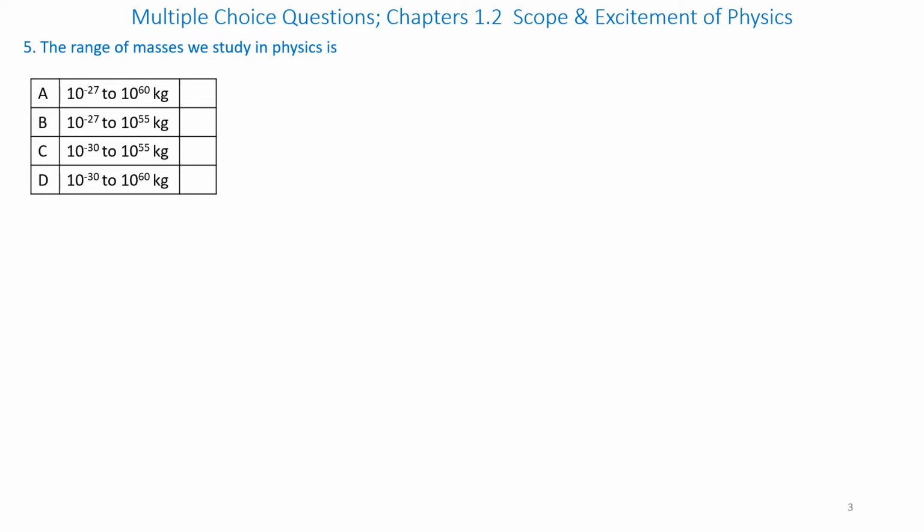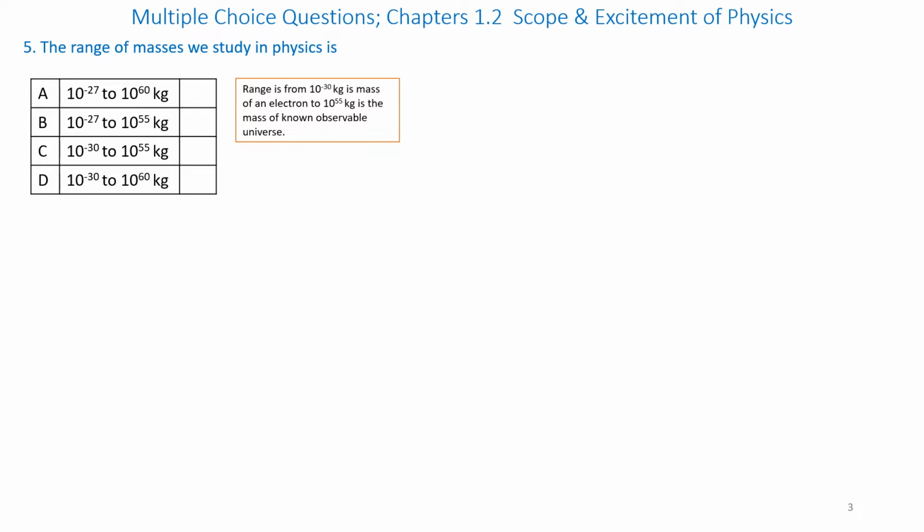We should remember the smallest of masses which we deal with. The lightest particle is electron, and its mass is of the order of 10 to the power of minus 30 kg.